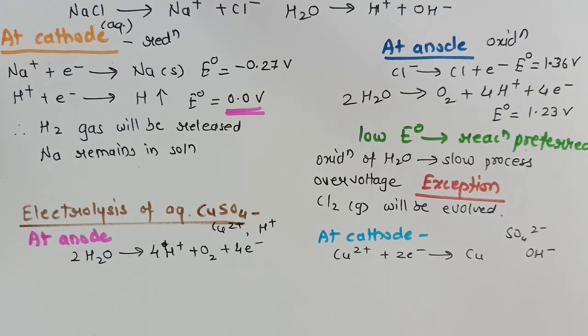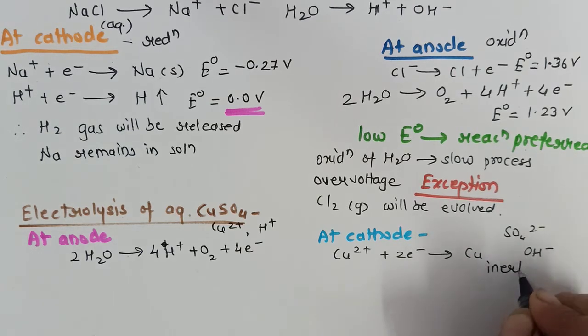So I will say oxygen will be liberated at anode, and at cathode copper, since here the SRP of H2O will be less than that of the cation, and therefore hydrogen will not be evolved, instead copper will be deposited.